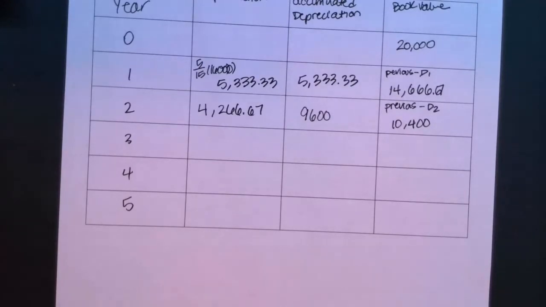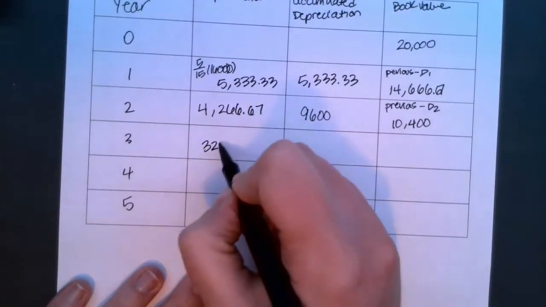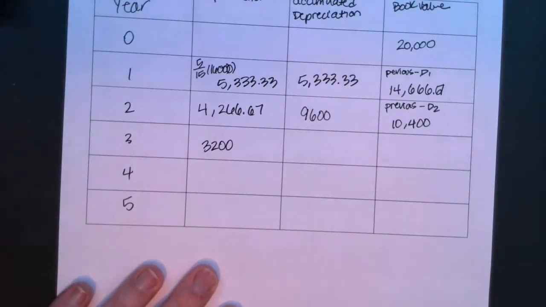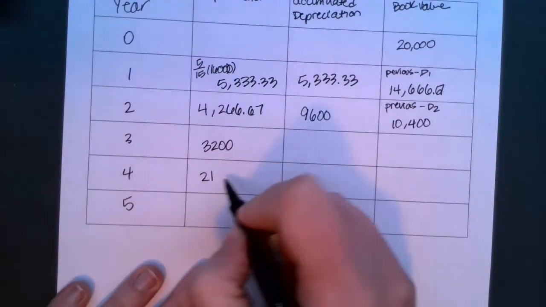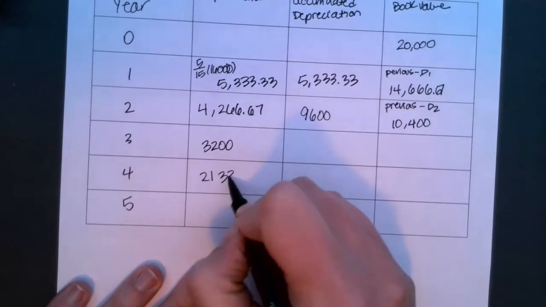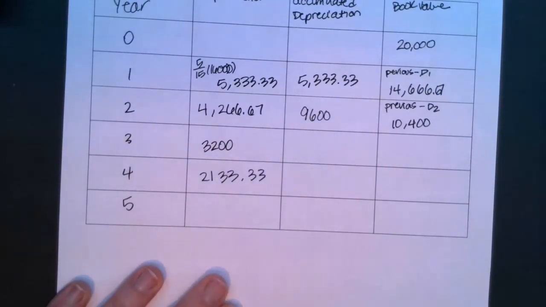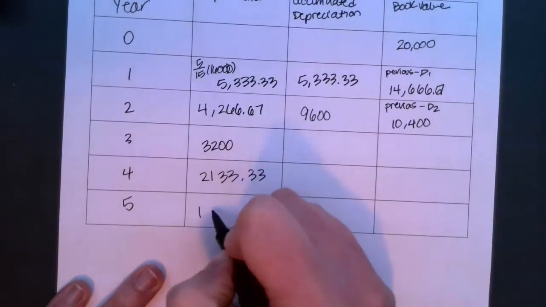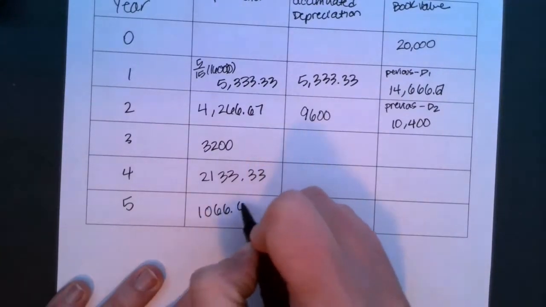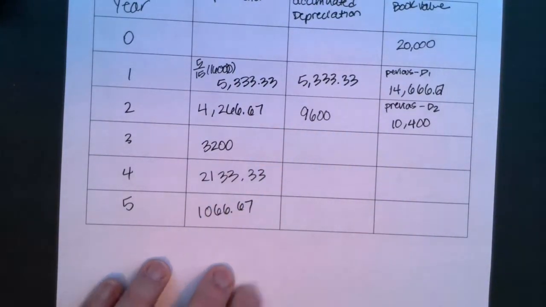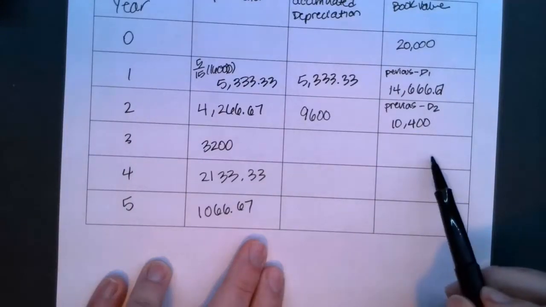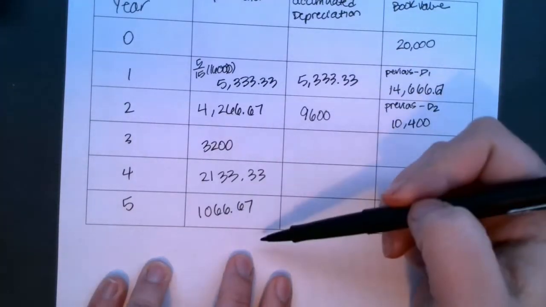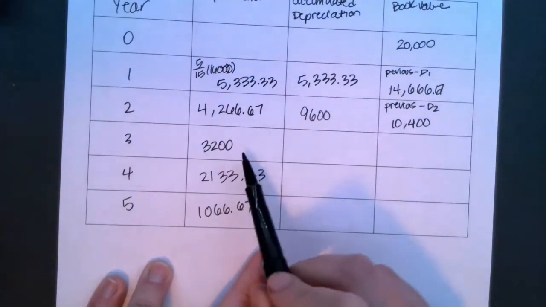Okay, so now that we're ready, in year 3, our depreciation was 3,200. Year 4, our depreciation was 2,133 and 33 cents, and then in year 5, 1,066 and 67 cents. So for our accumulated depreciation, I'm just going to go straight across because I like to calculate all of these at once, just so it's a little quicker.